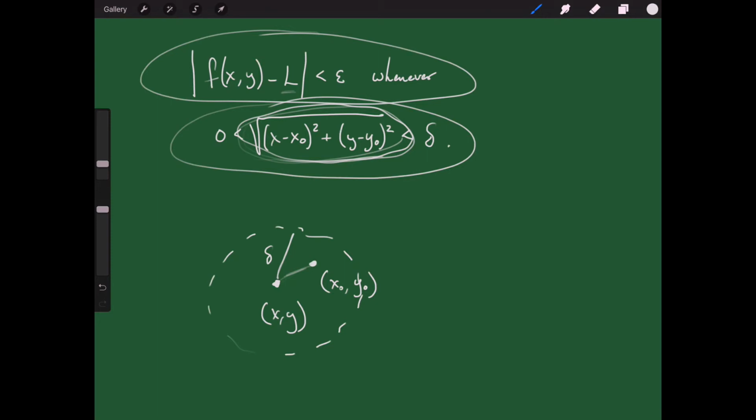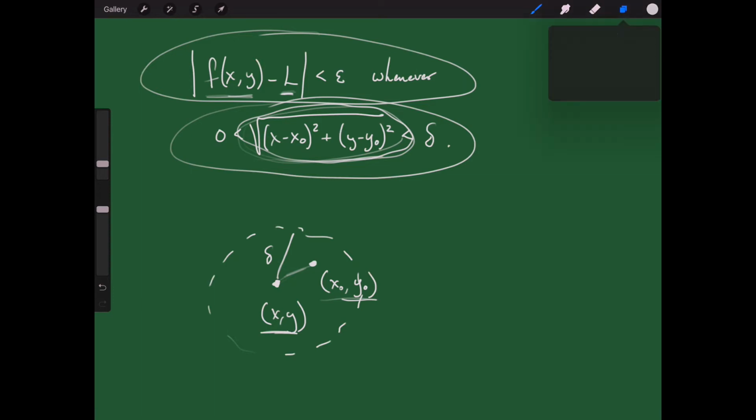So if we know that x0, y0 is close to x, y, then we know that also the functional value is getting close to the limit value. And that's what we say it means for a function to have a limit L.